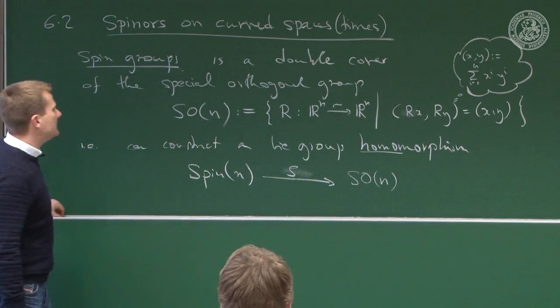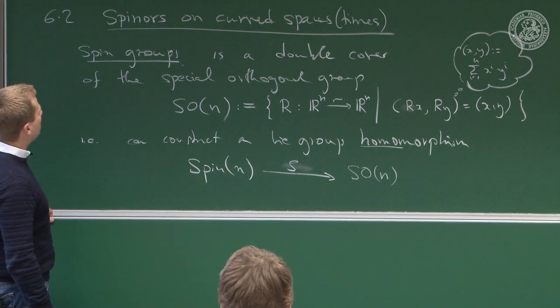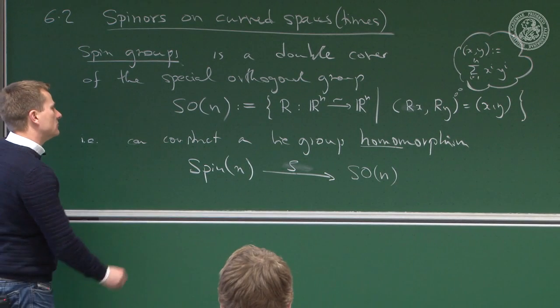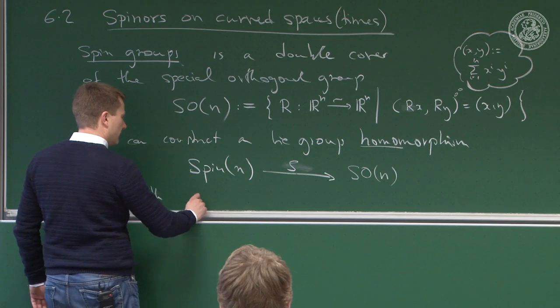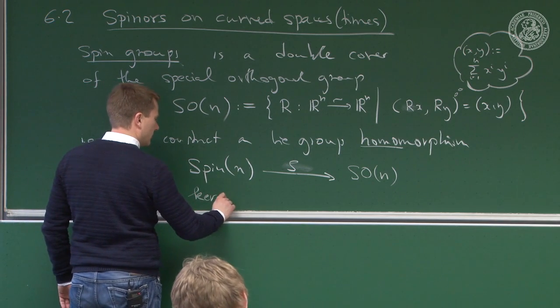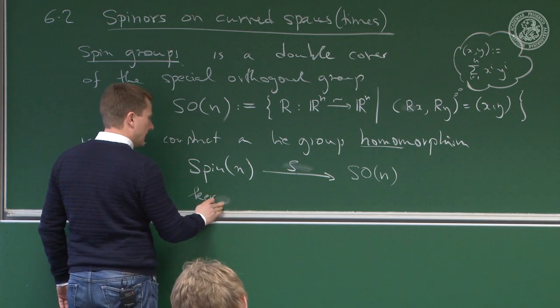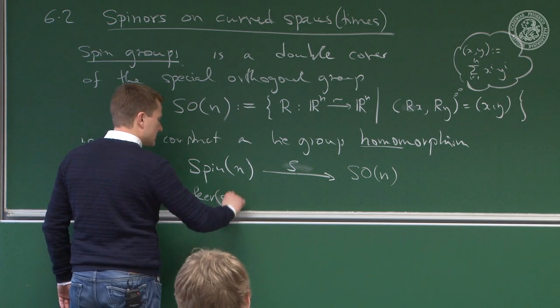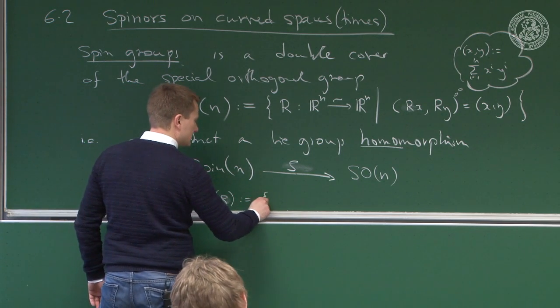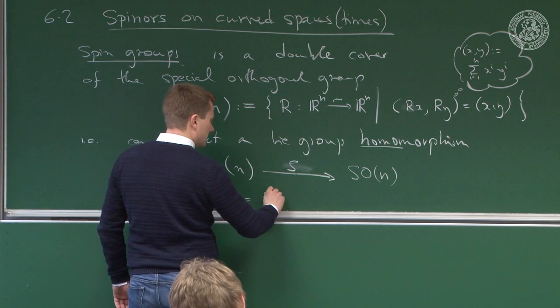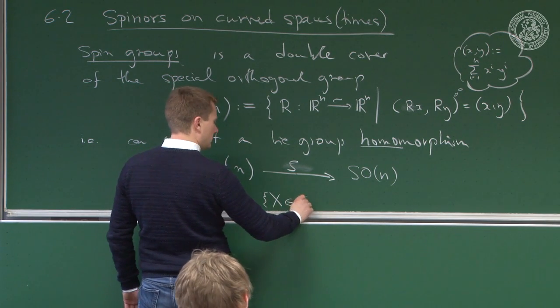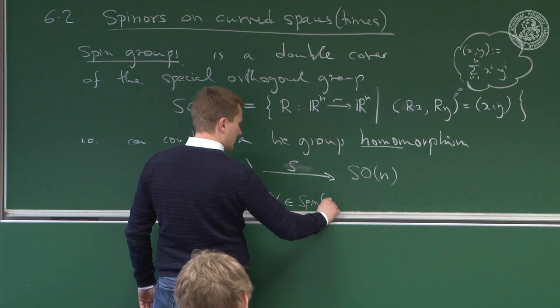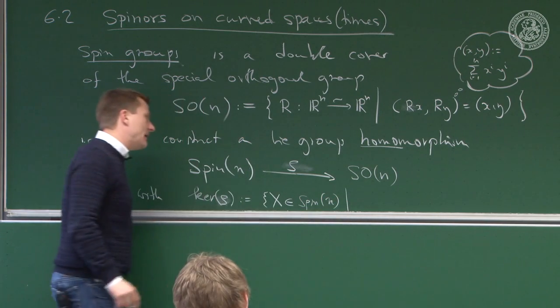Indeed, it's the very definition of the spin group that the kernel of this map, the kernel of rho, well, you know the kernel from linear algebra, where it's all those elements in the domain which are mapped to 0.